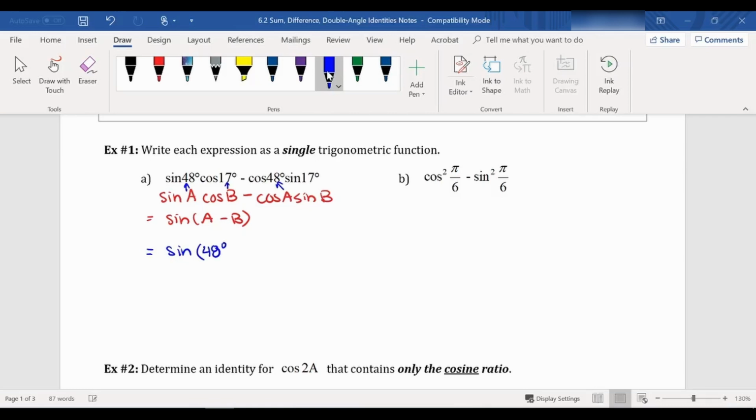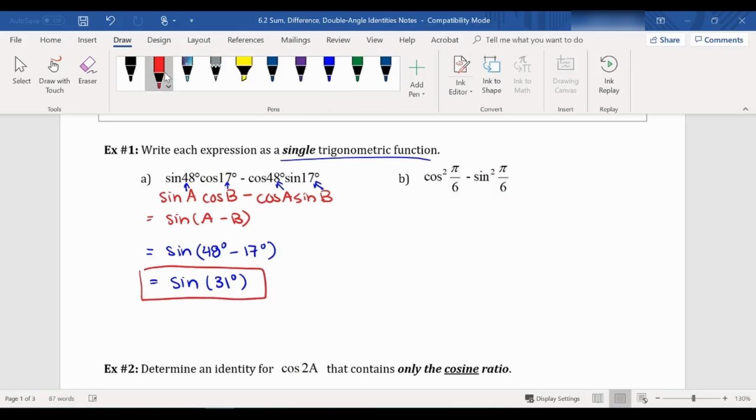And the B is 17. Now, I can subtract 48 and 17 and get 31. Okay. We express this as a single trig function. We've answered the question. If it asked us to evaluate, we would plug this into our calculator, making sure our calculator's in degrees mode, but it hasn't asked us to do that, and we're going to stop there.